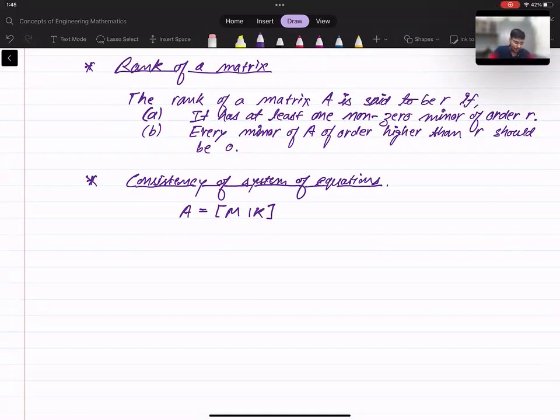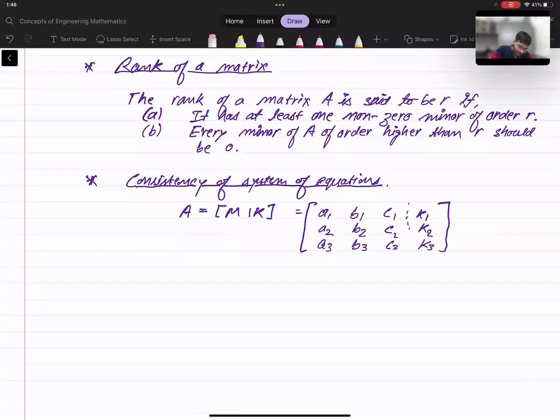So simply what is done here is the matrix K is added as an extra column in the matrix M. Okay, so suppose we had here A1, A2, A3, B1, B2, B3, C1, C2, C3. Now we will add here K1, K2 and K3, and this is the augmented matrix.